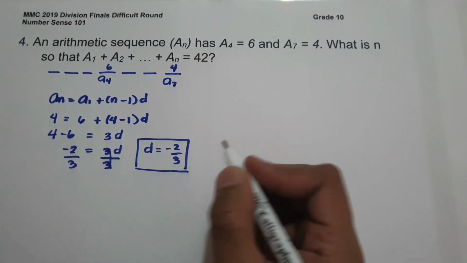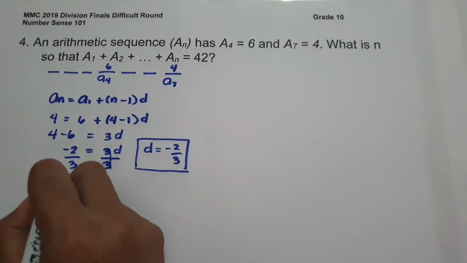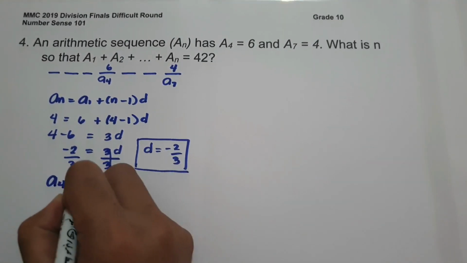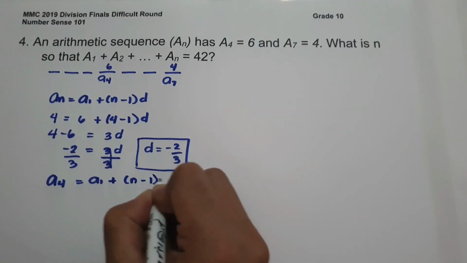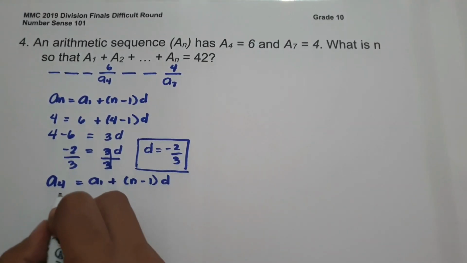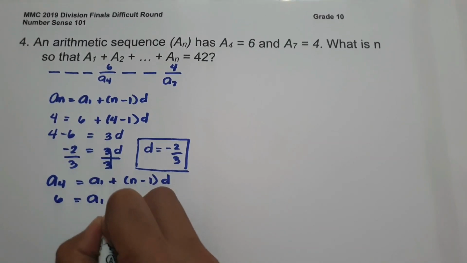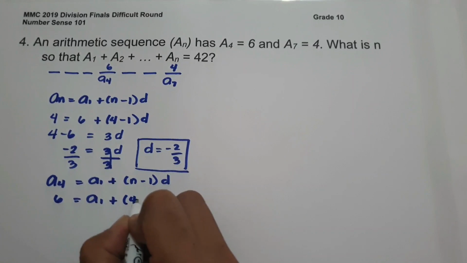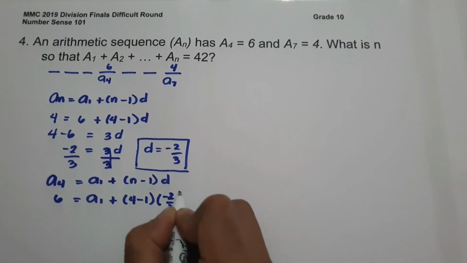And let us use the common difference to find the value of the first term. So we have a sub 4 equals a sub 1 plus n minus 1 times d. So a sub 4 is 6, and we are looking for a sub 1 plus 4 minus 1 times negative 2 over 3.